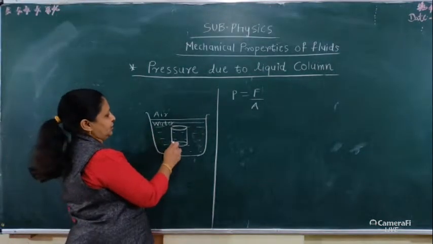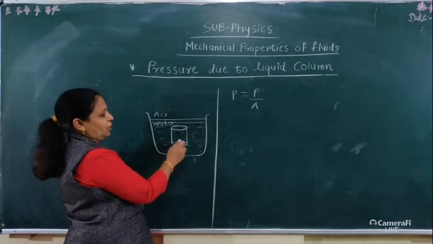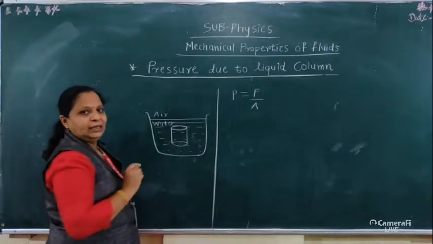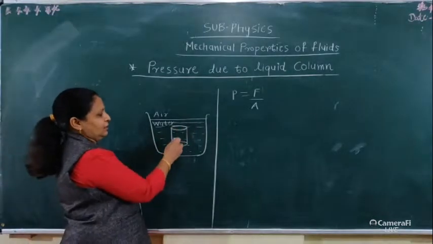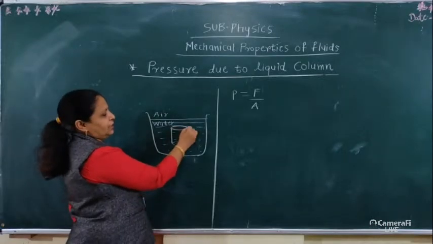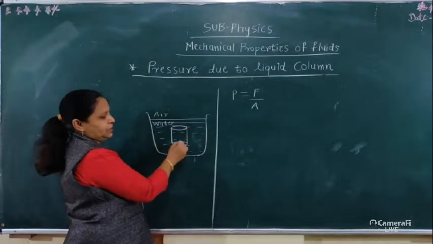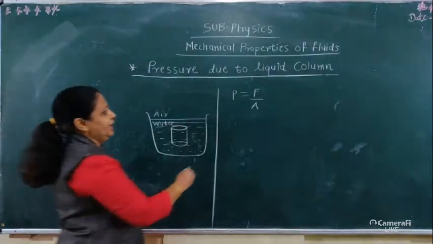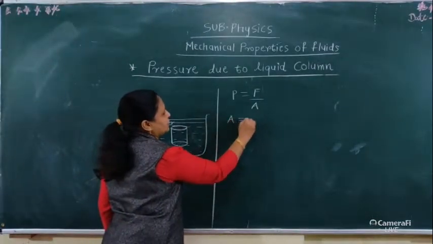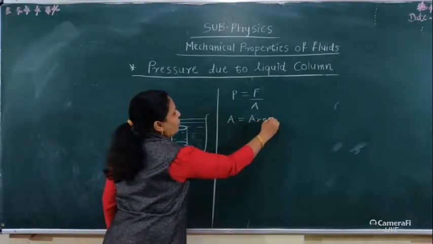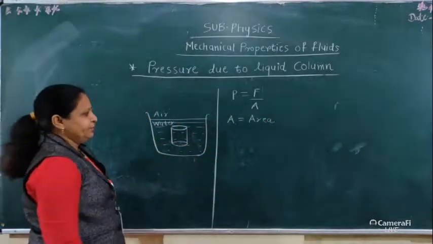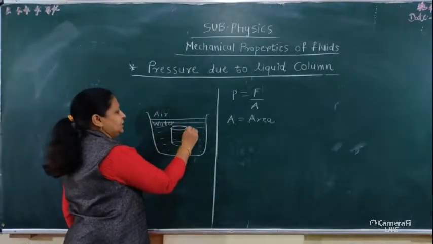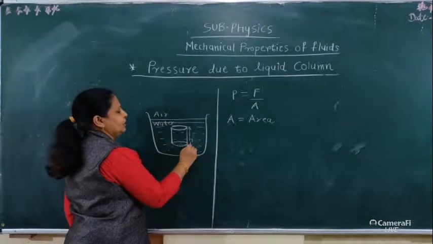So here pressure due to this liquid column on the bottom surface of the cylinder. This cylinder has two surfaces, this surface is the top surface, this surface is the bottom surface. A is the area of cross section of the top and bottom surfaces. Then h is the height of the liquid column.